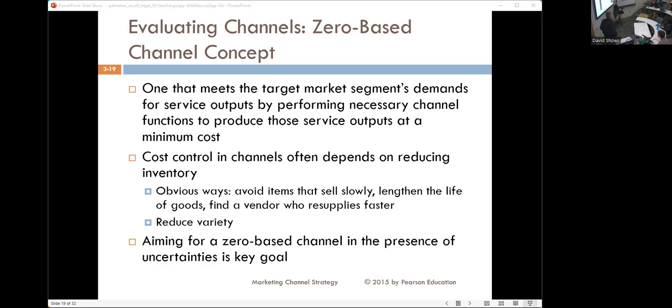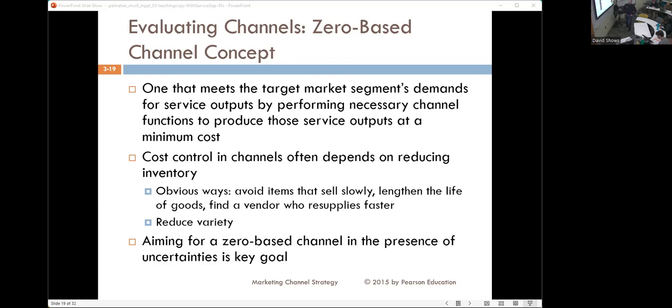It is a danger that you fall into, but a necessary evil, because one of the only ways that you have to function as efficiently as possible is to reduce your inventory. So I've said over and over again, inventory holding costs. Remember, physical possession plus ownership is inventory holding cost. Inventory holding is a cost, not an asset. It ties up important capital.